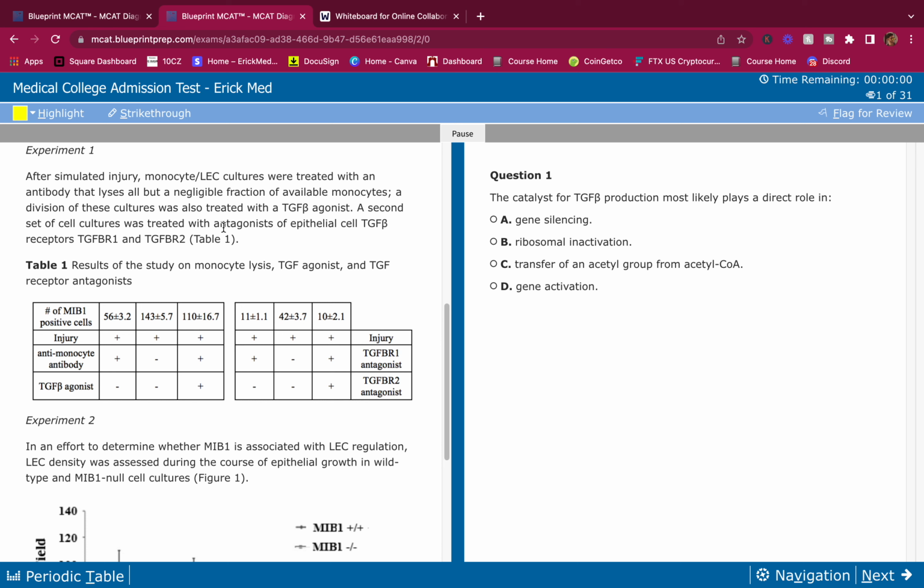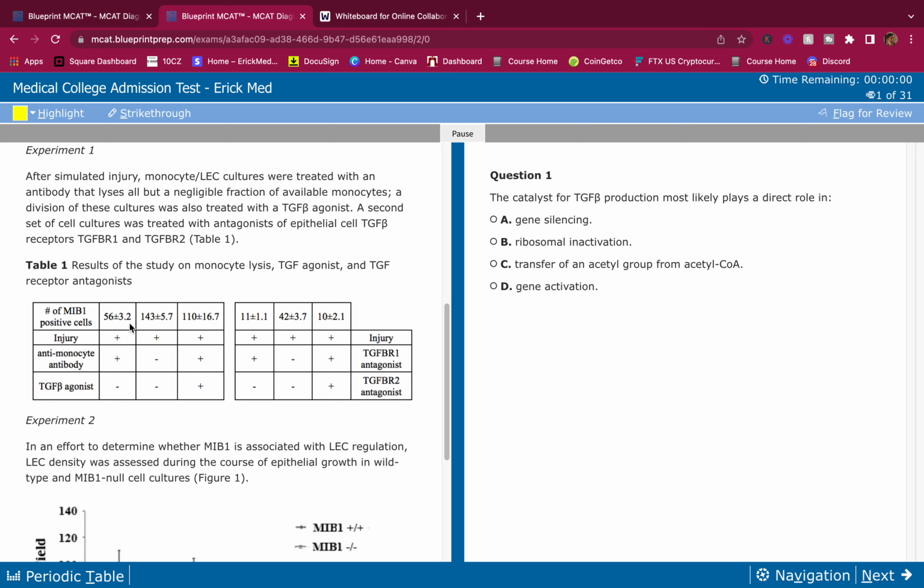A second set of cell cultures treated with antagonists of epithelial cell TGFB receptors TGFBR1 and TGFBR2. So the TGFBR1 and 2 are antagonists. TGFB agonist. We have an agonist and we have an antagonist. What do antagonists do? They go and they inhibit. Okay. Agonists go and they stimulate, they further activate.